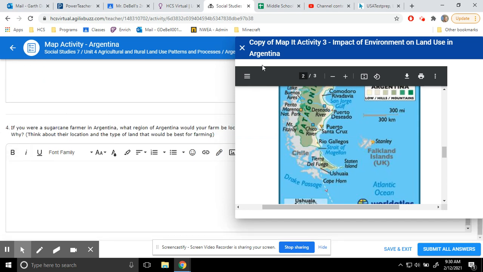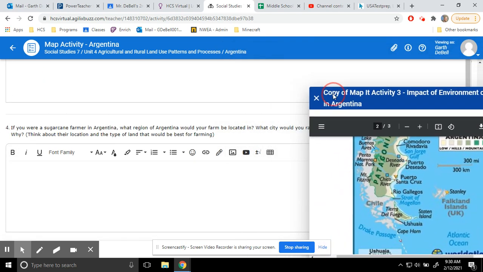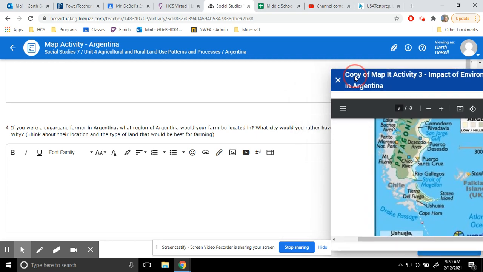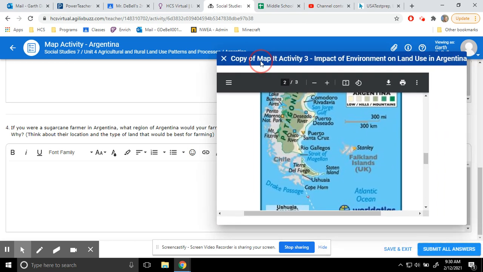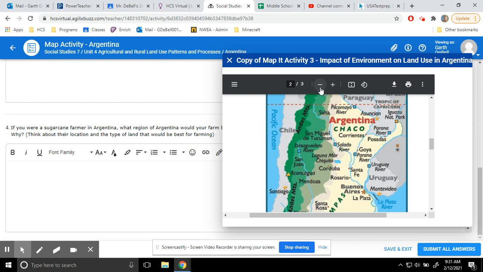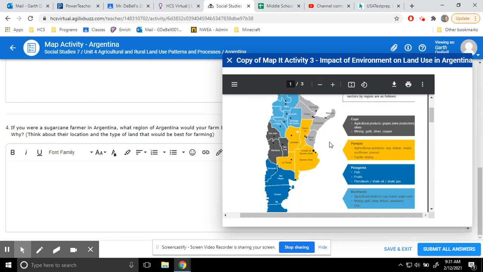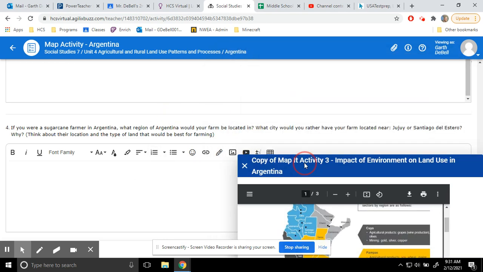If you were a sugarcane farmer in Argentina, what region of Argentina would your farm be located in? So again, you're going to come up here. You're going to find out where they grow sugarcane. Okay. You're going to write that region down, whichever one of these regions it is. The second part of the question, what city would you rather have your farm located near?